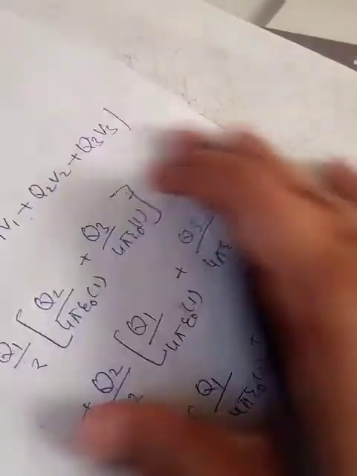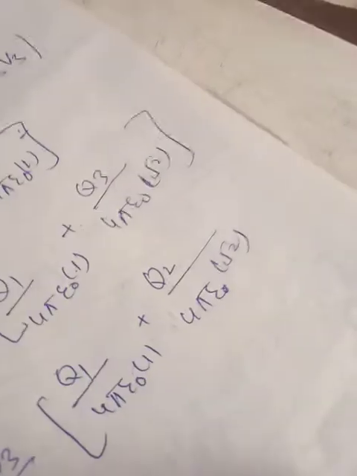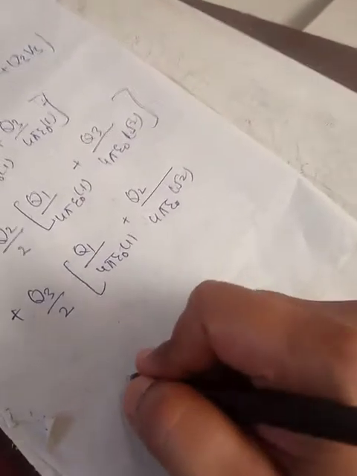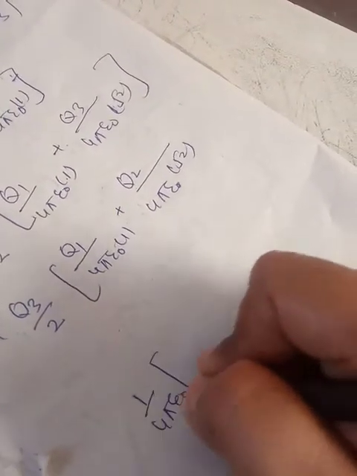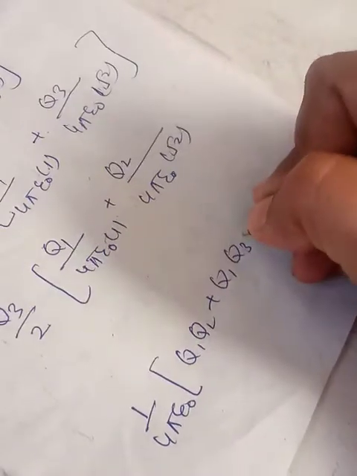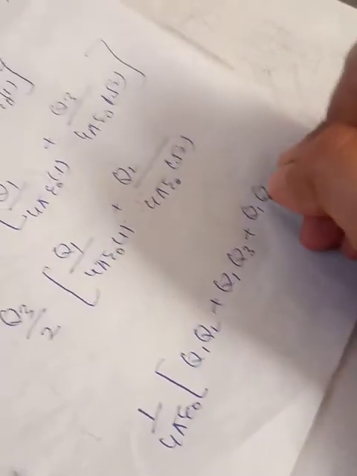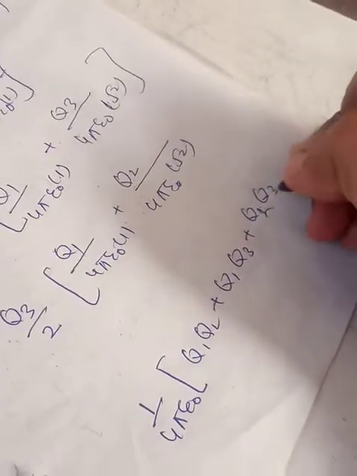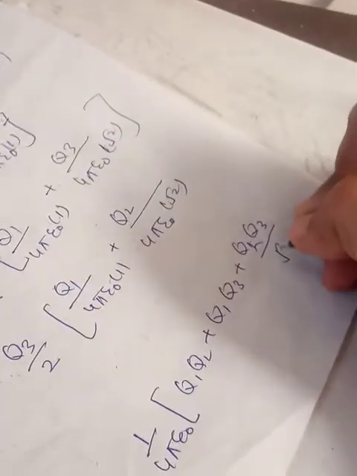Now if you solve this entire equation, you will get 1 by 4 pi epsilon 0 bracket Q1 Q2 plus Q1 Q3 plus Q2 Q3 upon root 2.